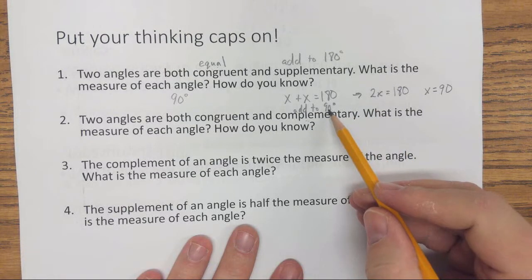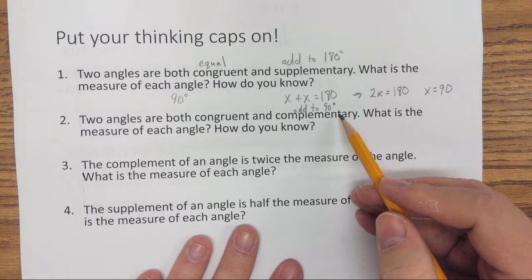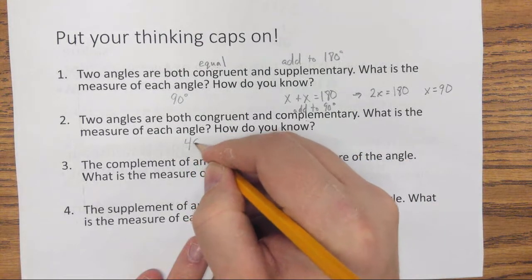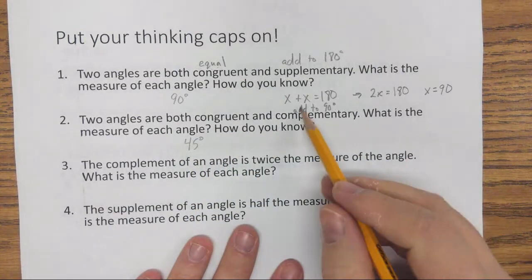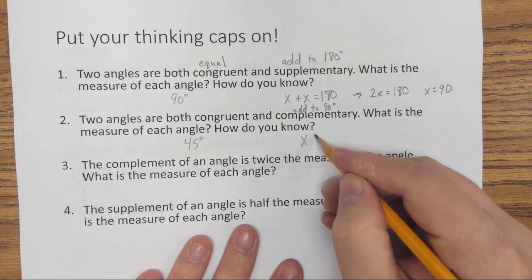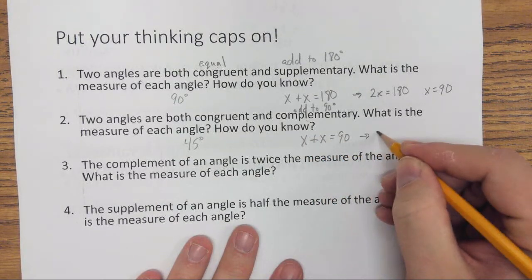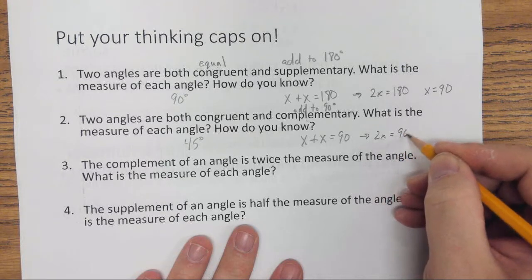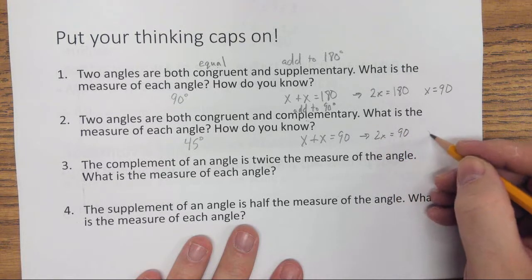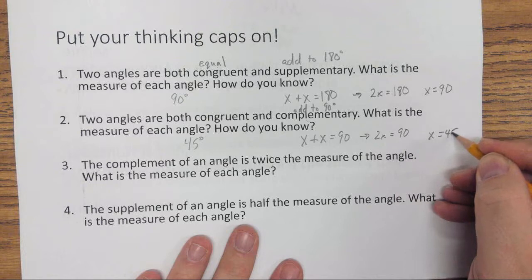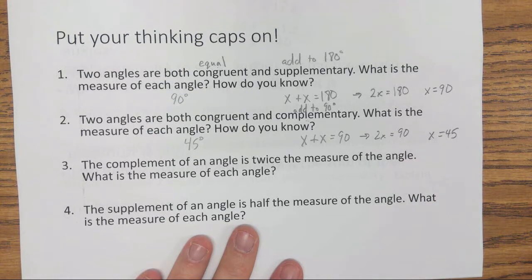Well, again, I could just take 90 divided by 2, and I'm going to get 45 degrees. Or I could do it like I did before and say x plus x equals 90. Then 2x equals 90. Then I'm dividing by 2, and x equals 45. Okay?